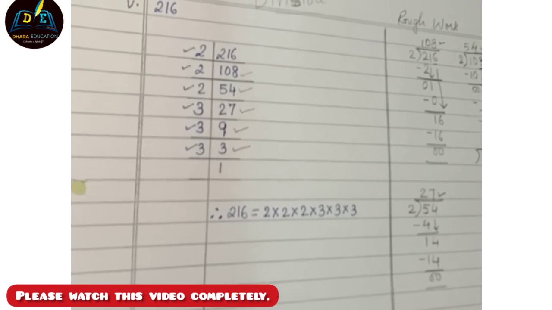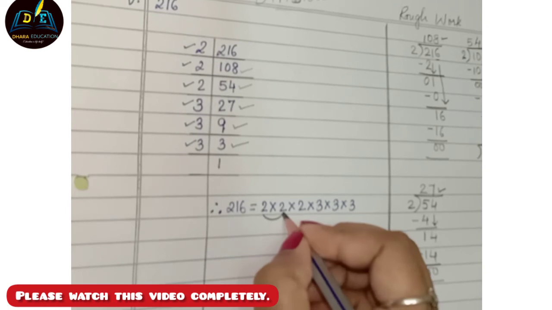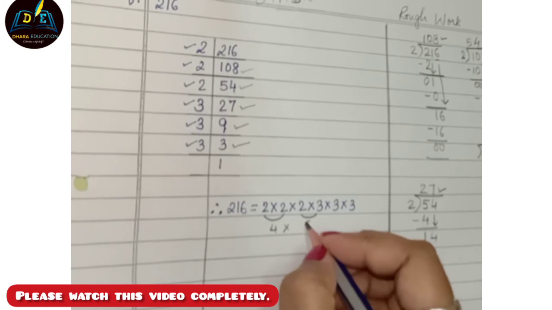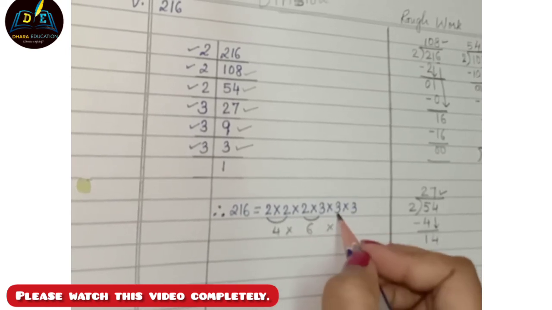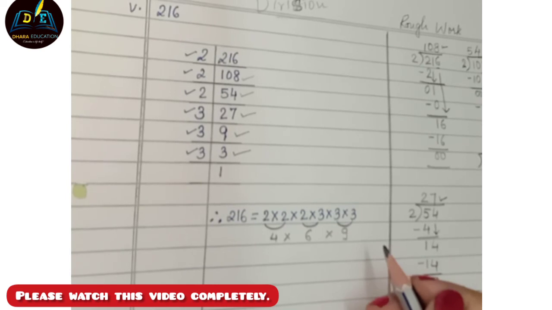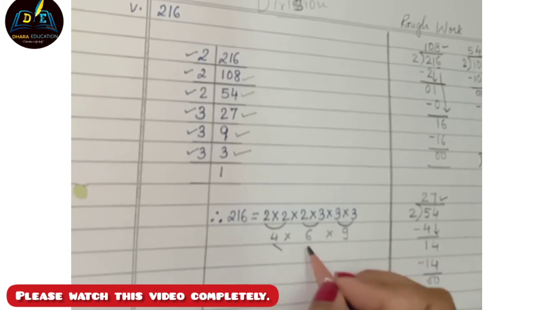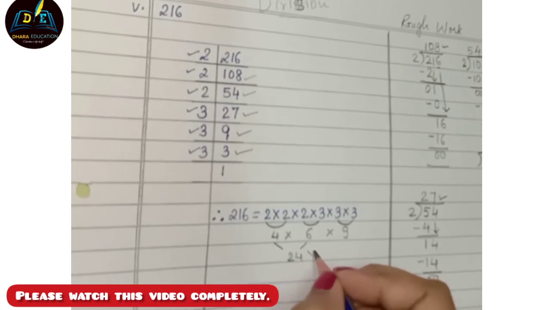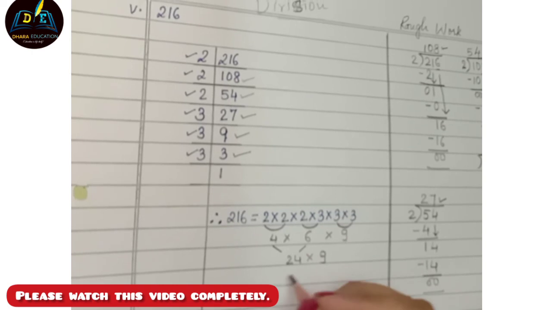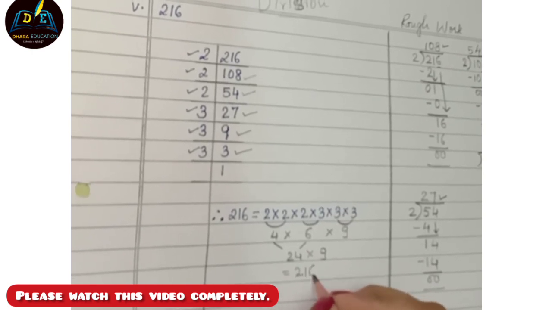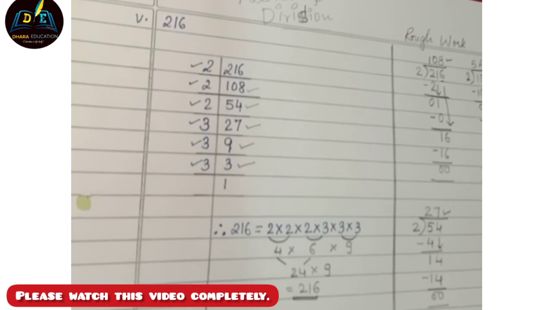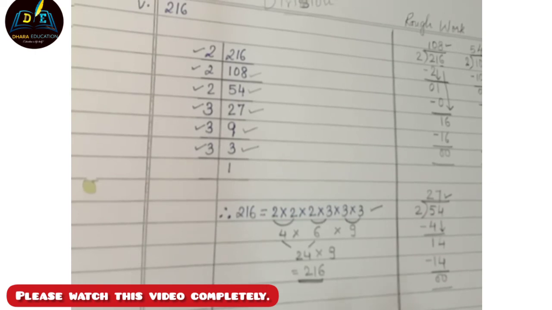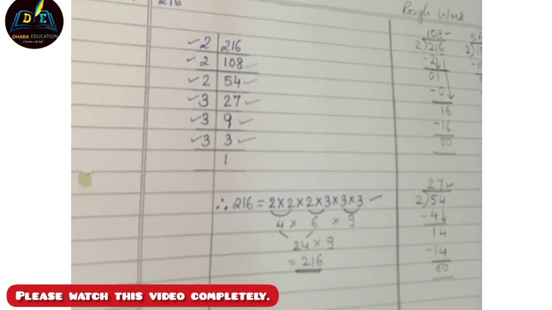Now if you want to check also, you can do so. 2 2s are 4, 2 3s are 6 and 3 3s are 9. Alright, so now with further multiplication, 4 6s are 24 and 24 multiplied by 9, you will get 216. So that's why we have completed our sum, and our sum is perfectly completed. So there is no error in your sum.